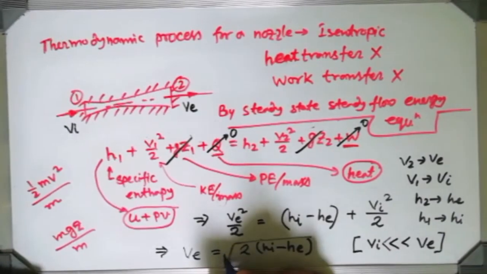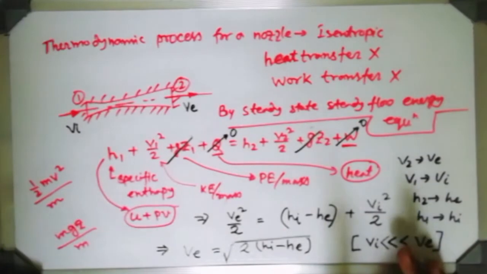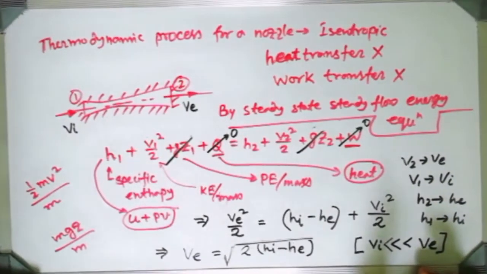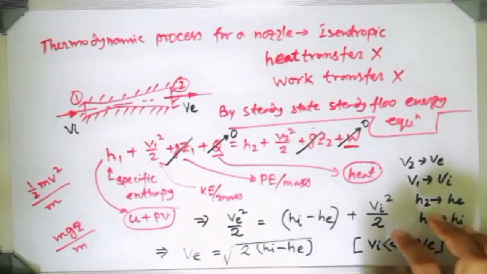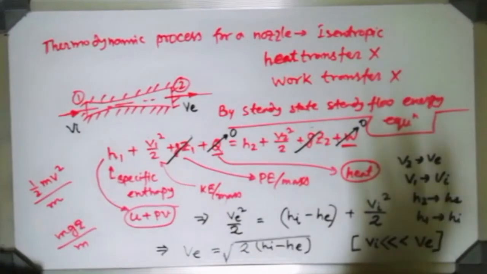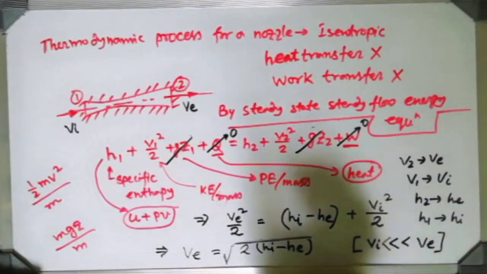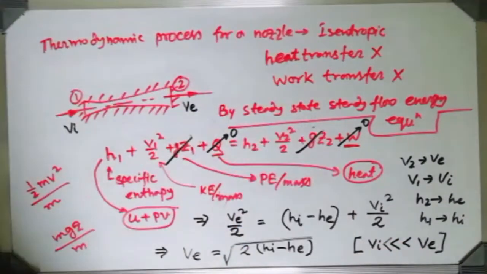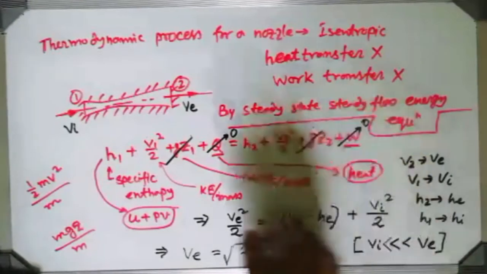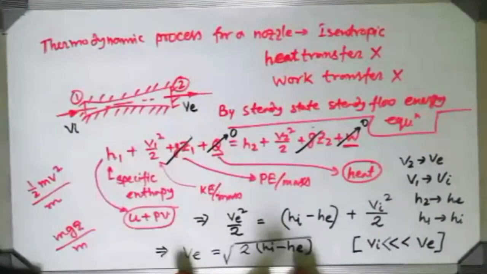What I am telling you is, if the inlet velocity is much less than the exit velocity, which generally occurs, then the square of that small term divided by 2 will be very small. So it is not important to add a very minimal value to this. So we can ignore this part and convert this relationship like this, from where you can find the exit velocity of the nozzle itself.